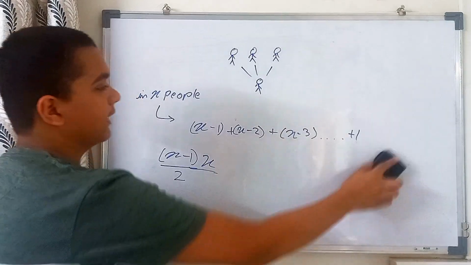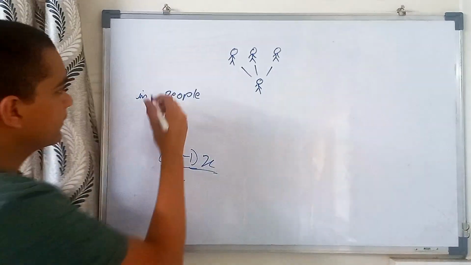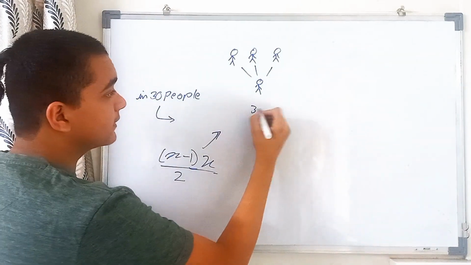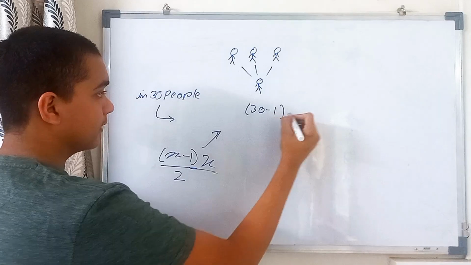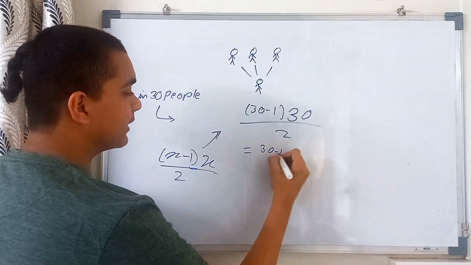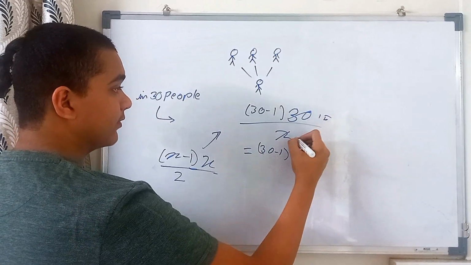Right. In the super 30 case, there were 30 people. We use this, it gives us 30 minus 1 into 30 upon 2. This simplifies to 30 minus 1 into 15, because we are left with 15 here.